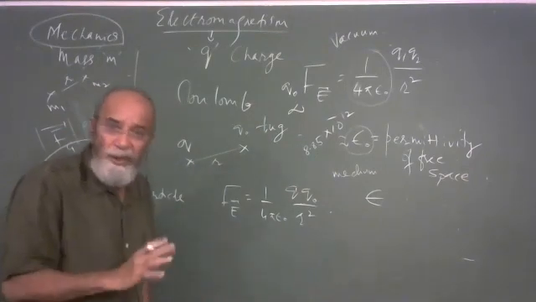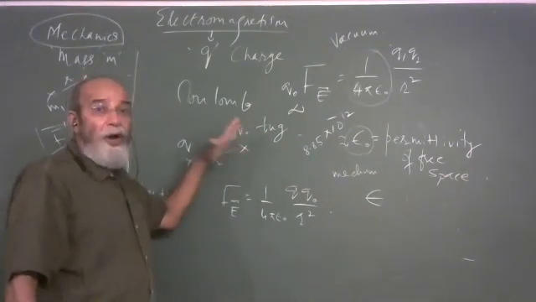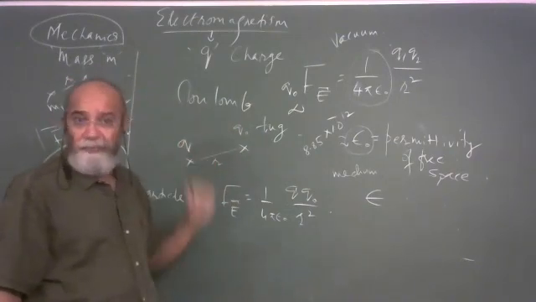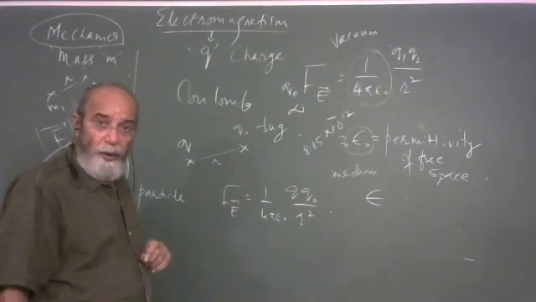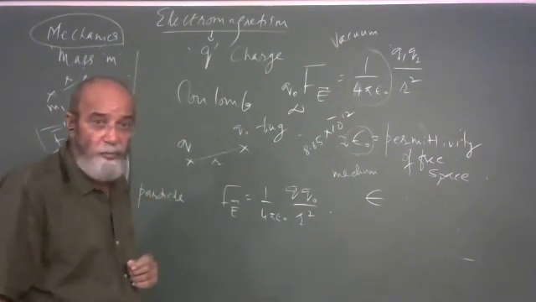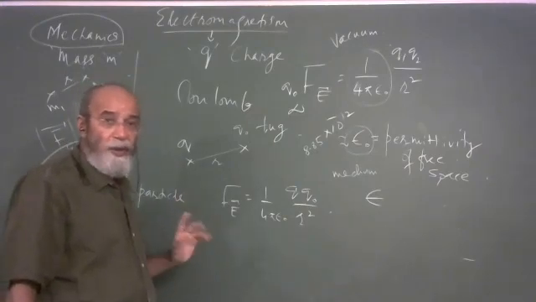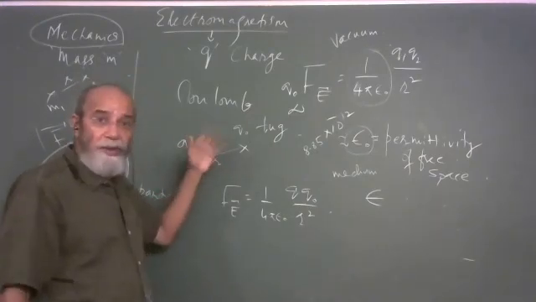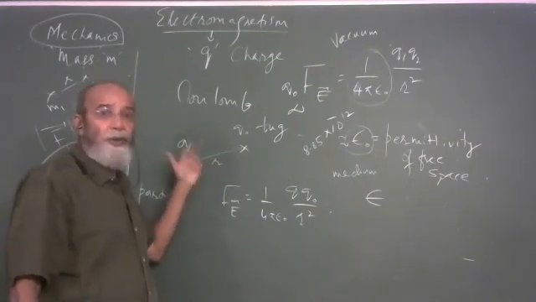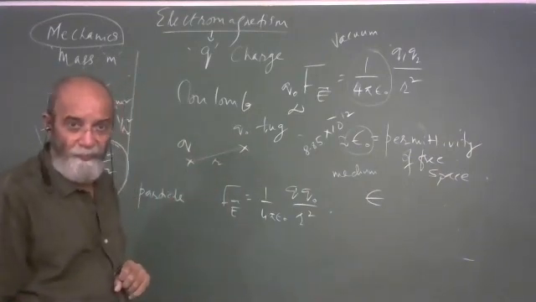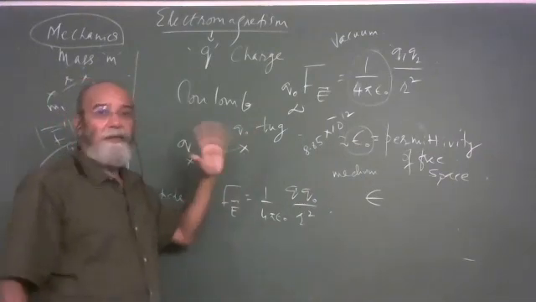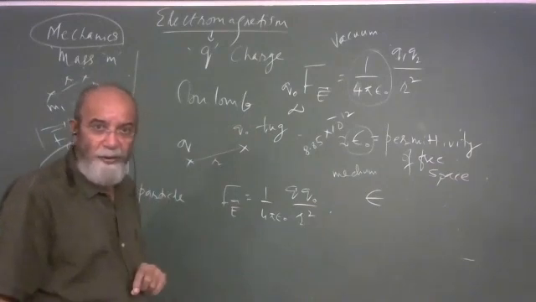So how did Q know that Q naught has come? It doesn't have ears, it doesn't have eyes, it doesn't have a nose. Or how did Q naught know that there is a Q here, that it suddenly started experiencing it?